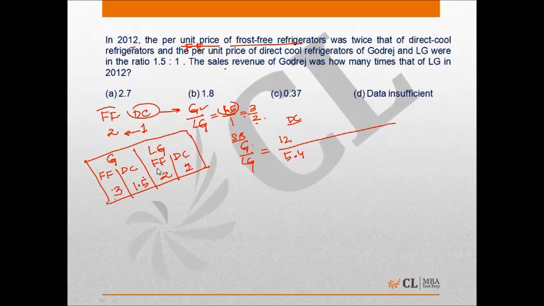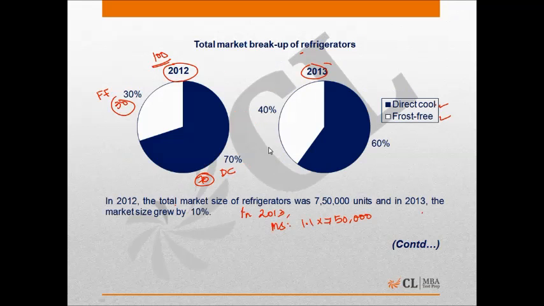Now direct cool. Let's look at the direct cool price of Godrej. It is 1.5. So let's multiply it by 1.5. While direct cool price of LG is 1, so we will keep it as 1. Now let's look at the frost-free prices of Godrej and LG. So here we assume that the total number of units is 30 for frost-free.